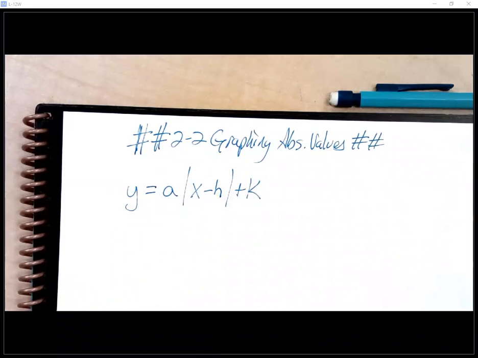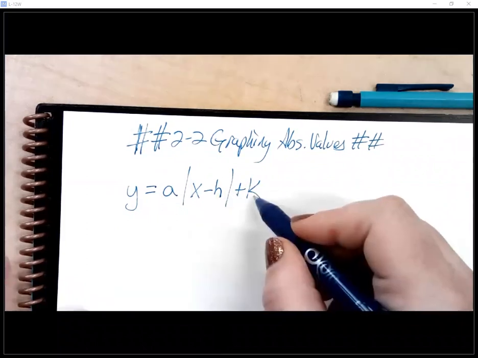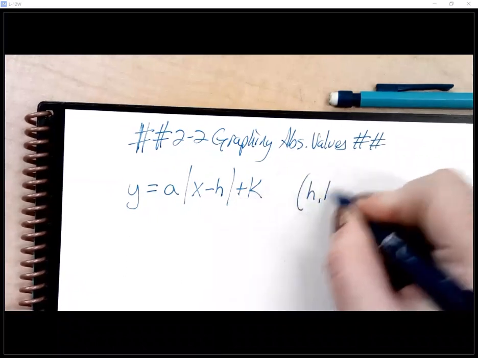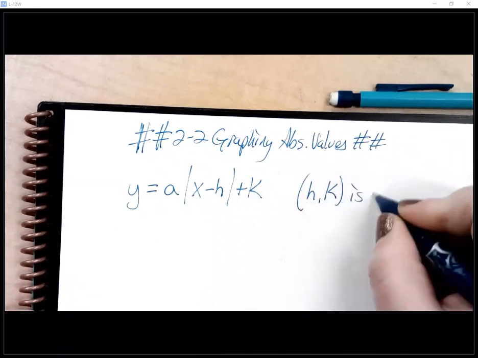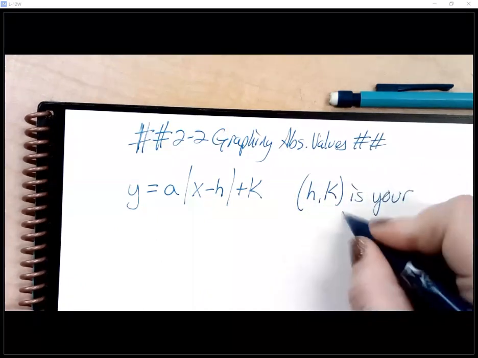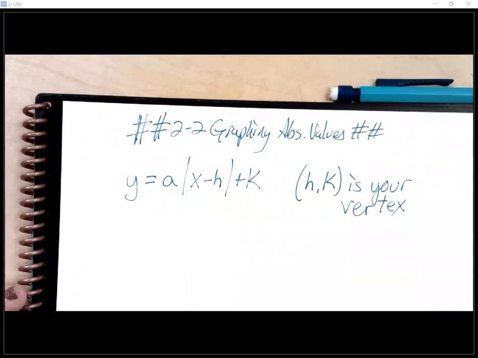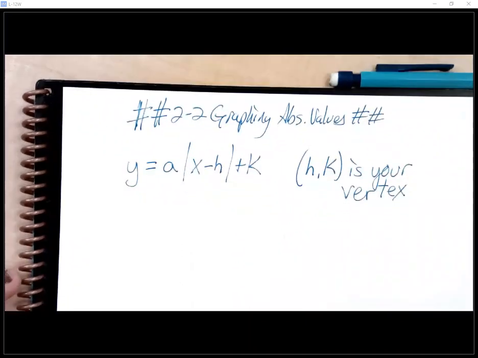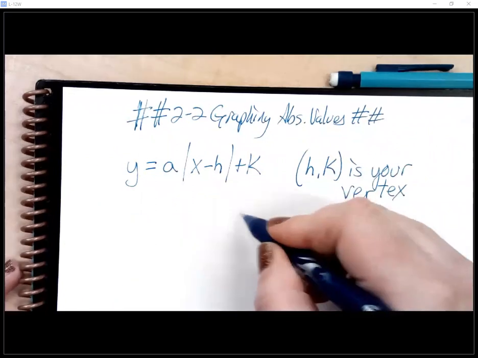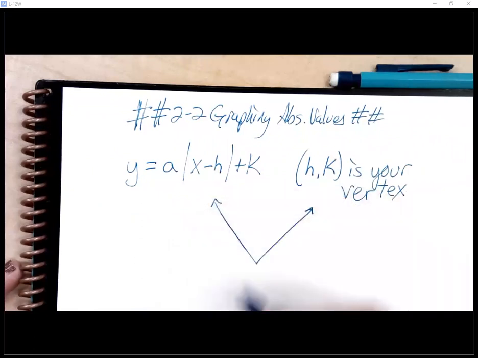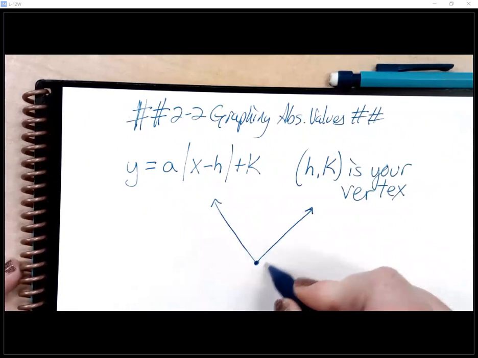If you pull those numbers h and k out and look at them as an ordered pair, that is your vertex. We mentioned already that absolute value graphs are all going to be a V shape, so the vertex is just the coordinate of that point right there. Wherever that is, h comma k, that's your vertex.